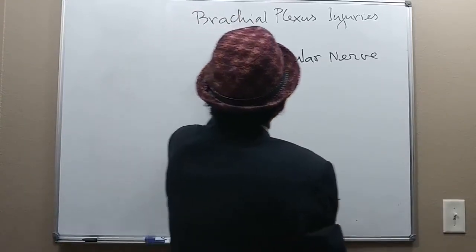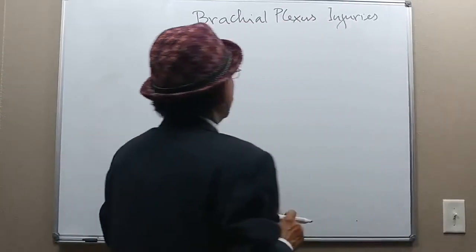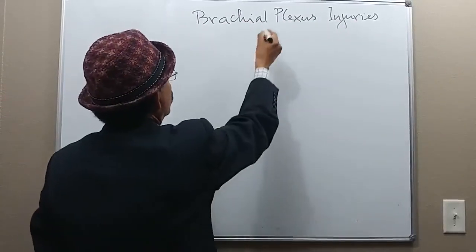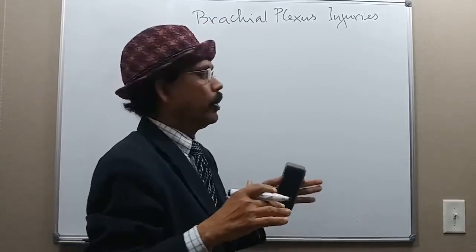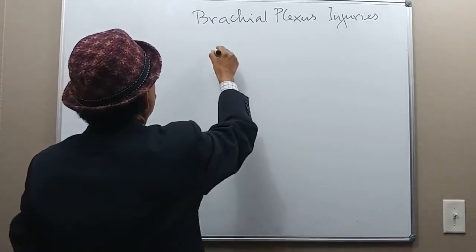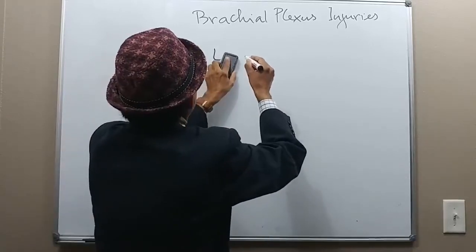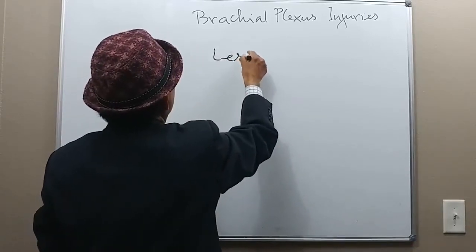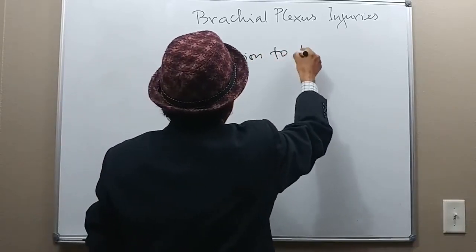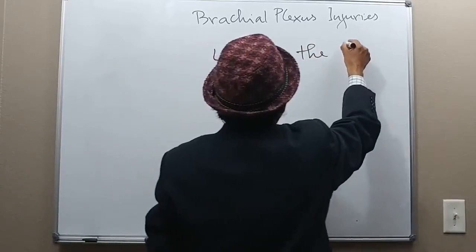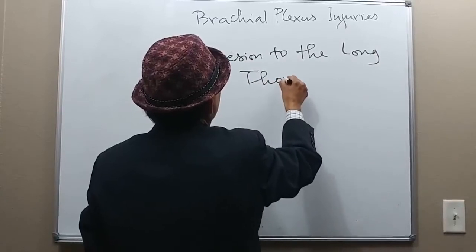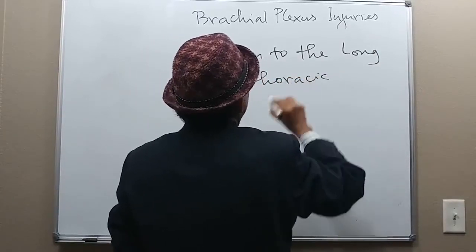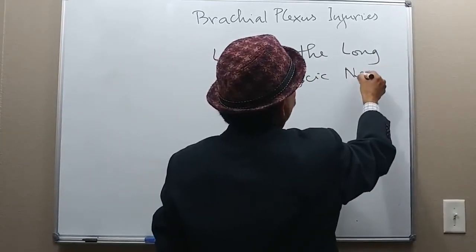Okay, we have lesion to the root, maybe the upper root, maybe the lower root. Also lesion to the long thoracic nerve. Long thoracic nerve, where is it coming from?